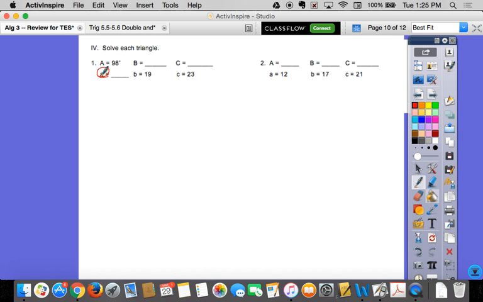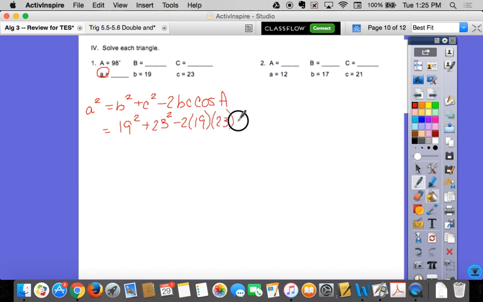Since you only have one angle, you can do a squared equals b squared plus c squared minus 2bc cosine of a. Now when you start plugging in your values, should work out just fine. And then you got cosine of, what is this, 98? Alright, once again, you're going to type everything in.